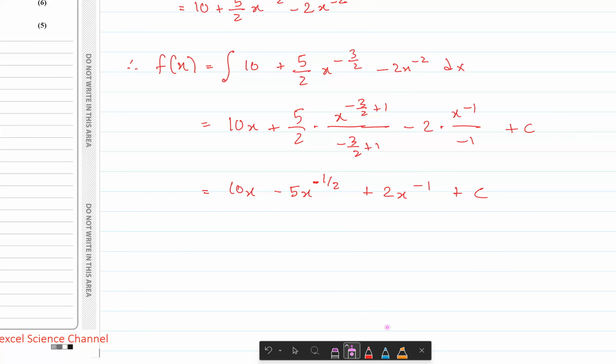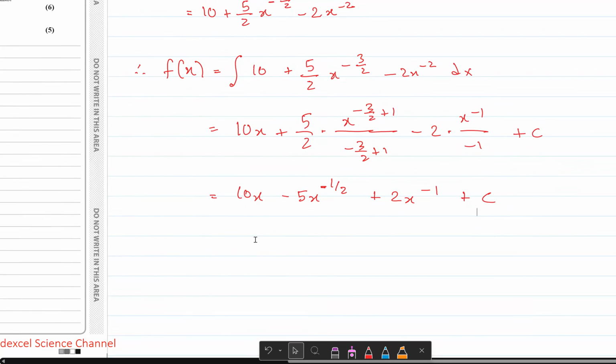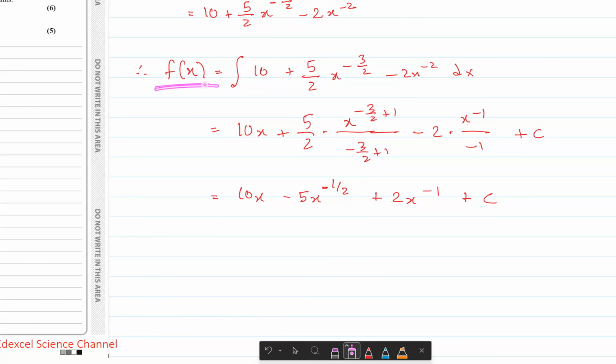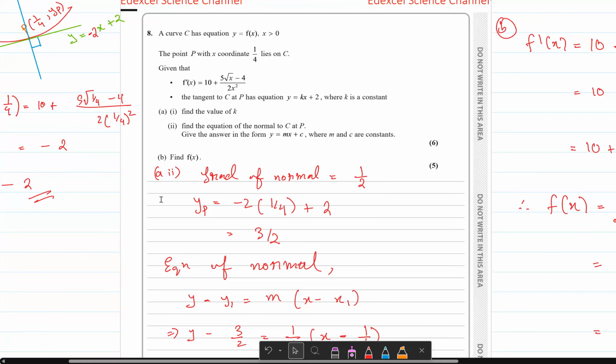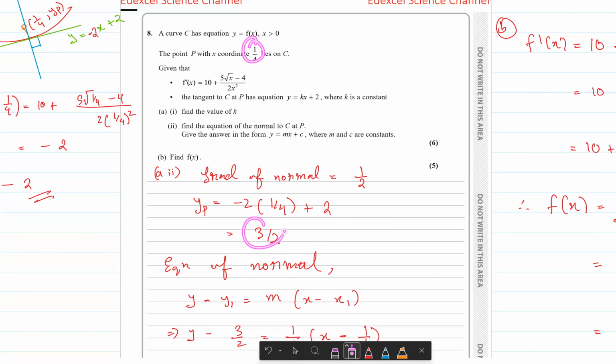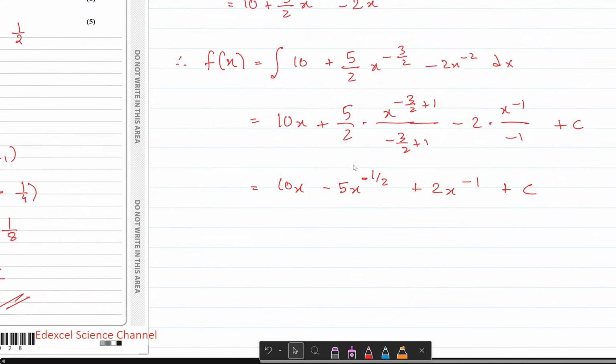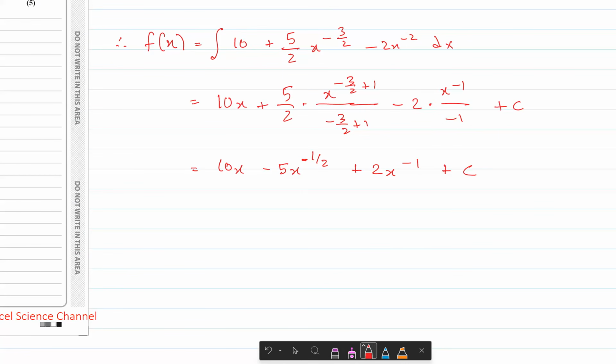But I have to find the value of c for me to say that I have completely found my function. I know that one of the points on the function is P, and I know the x coordinate and the y coordinate of P. So I am just going to plug in P, 1 over 4, 3 over 2, into this equation.